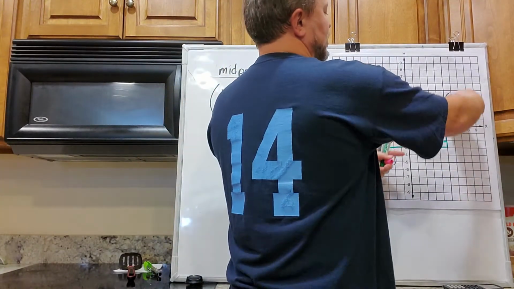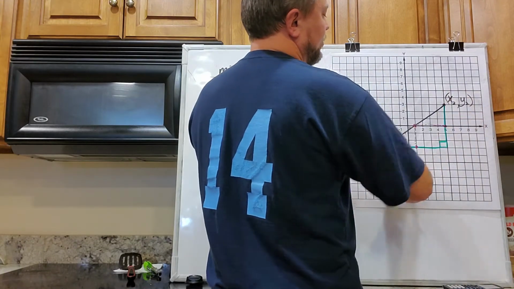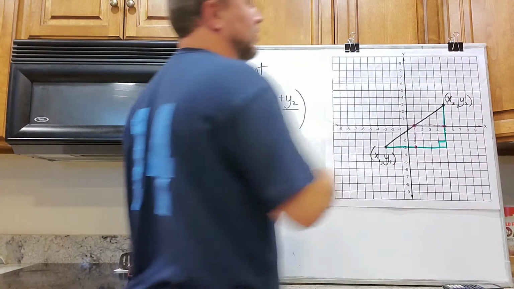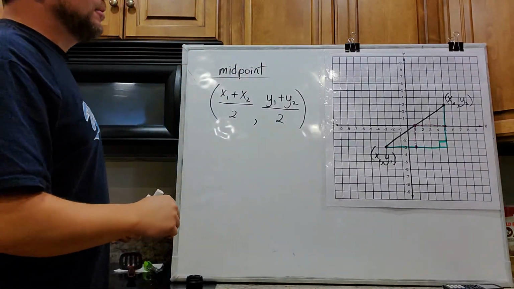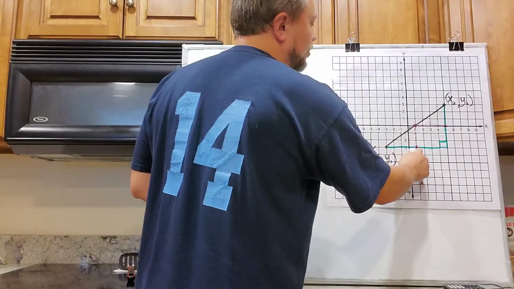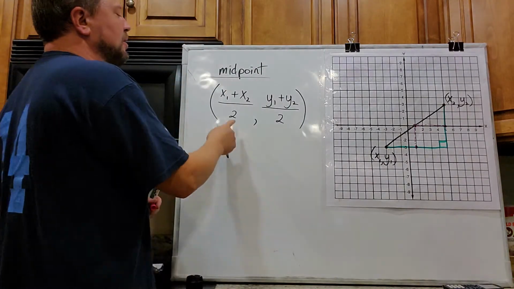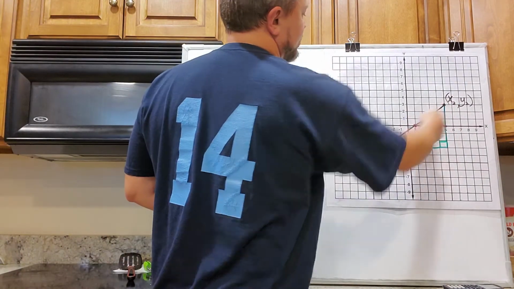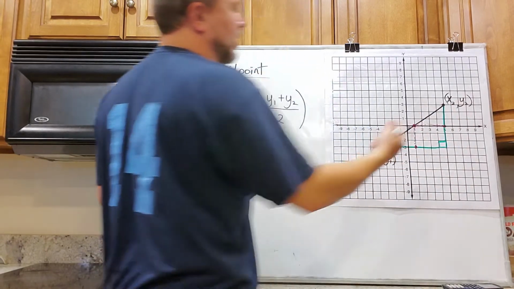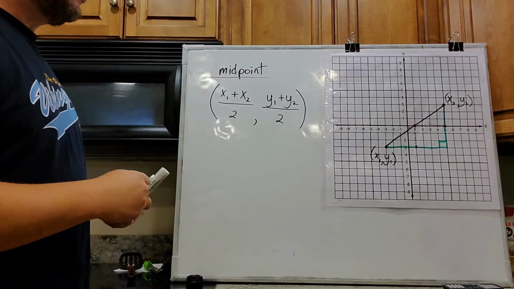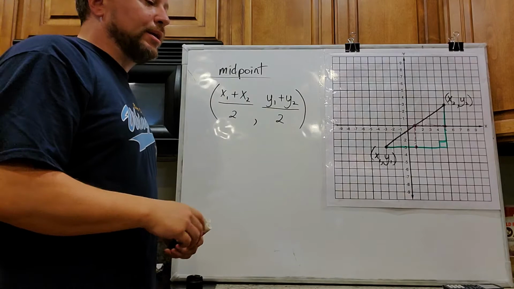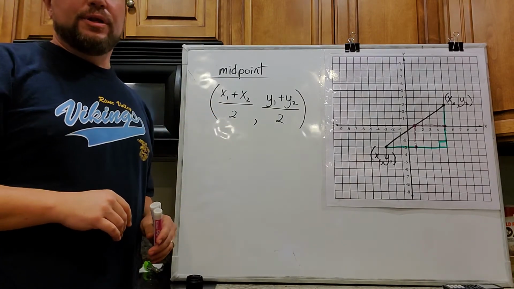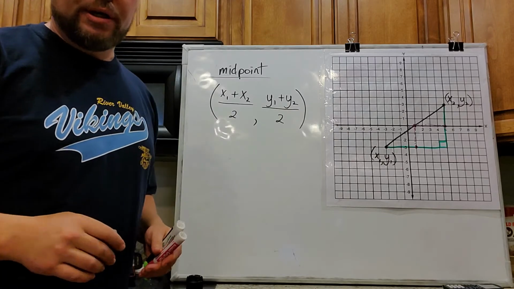So I'm finding the middle of the y's, the middle of the x's, and when I follow them together, that'll be the dead center middle of that segment as well. And again, to find the exact middle of anything, you just do the average. So we're just averaging the x values, averaging the y's. Okay? So keep that midpoint formula in mind for this next problem that I'm about to show you.